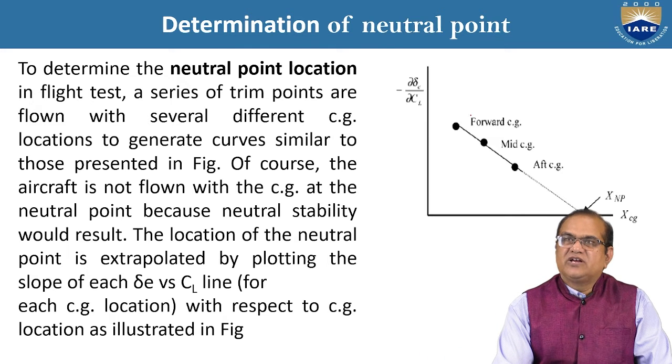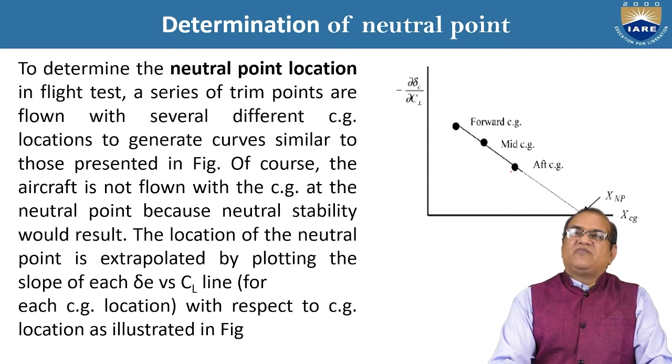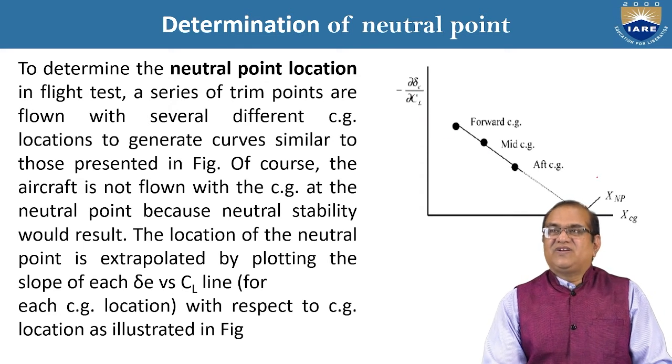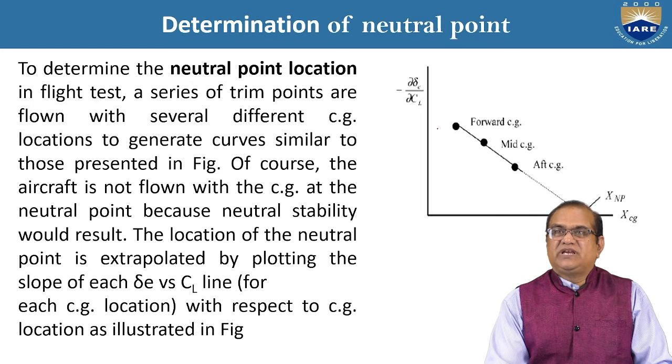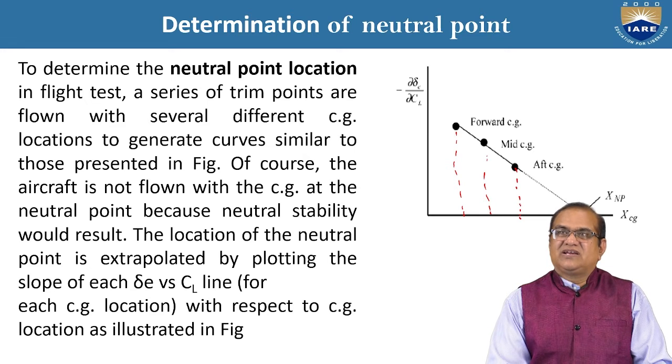This is the plot. The first case is the forward CG, the second case is the mid CG, and the aft CG, and we are finding out delta E by delta CL with X CG location. So this is the forward location, this is the mid location, and here is the aft location.